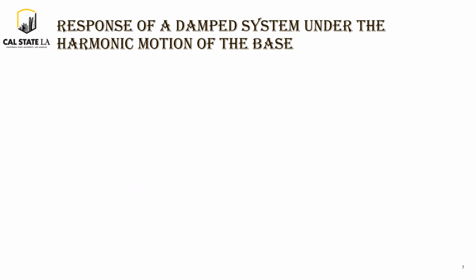Since we assume the solution to the equation of motion, m x double dot plus c x dot plus k x equal to A times sine omega t minus alpha, we assume the particular solution or the steady state solution is X times sine omega t minus phi 1 minus alpha.